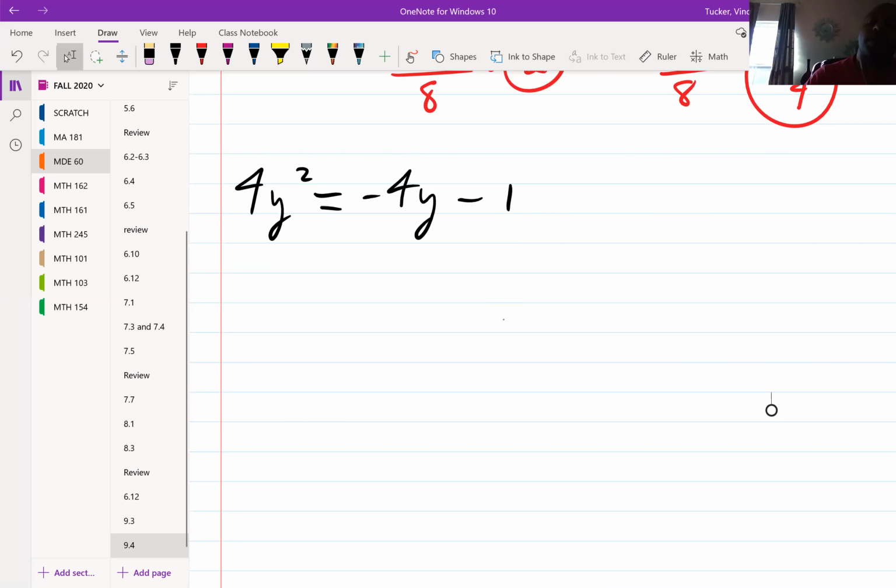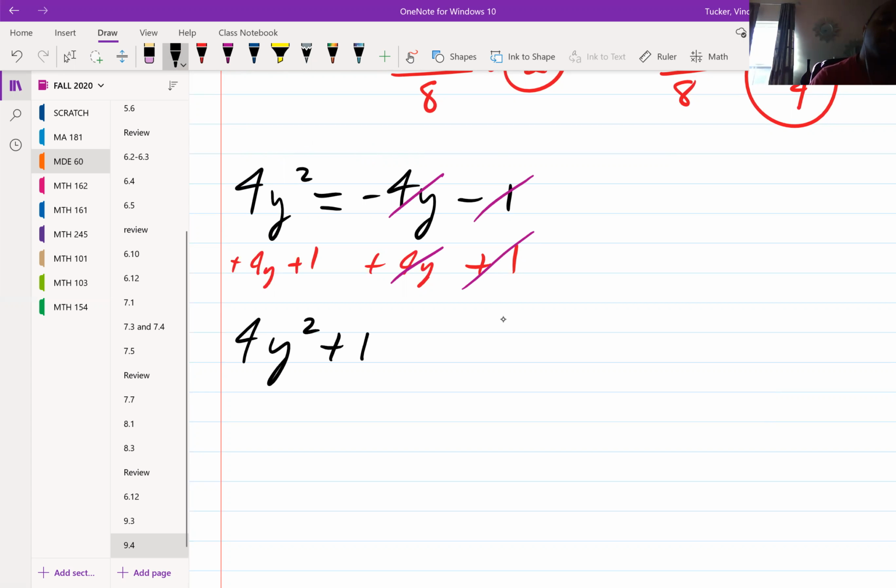Everything would work itself out and give you the same values at some point. I like to have my leading coefficient positive. That's just me. So what I would do is add 4y and add 1 to both sides. Once again, if I wanted to take the 4y over here by subtracting 4y squared, I could have. Either way, if you do everything correctly, you'll still come up with the same solutions.